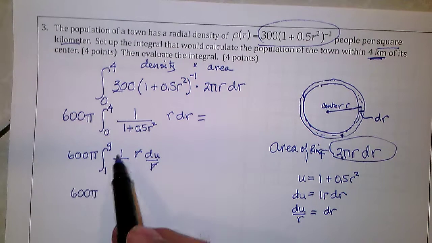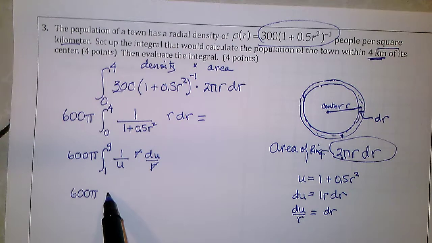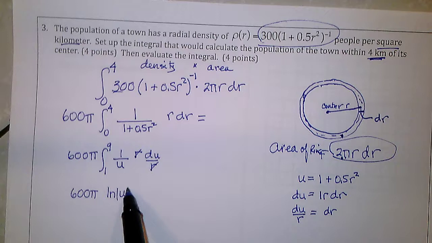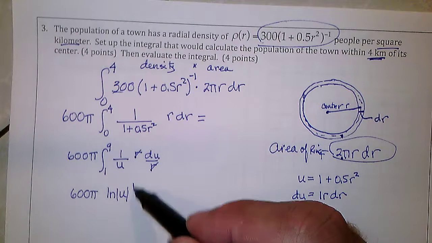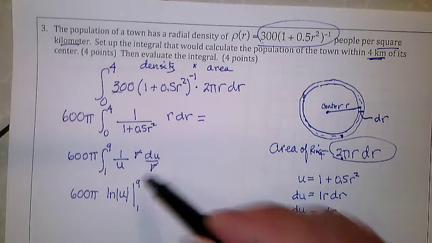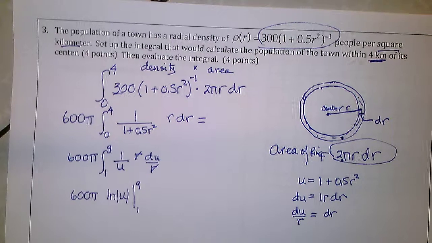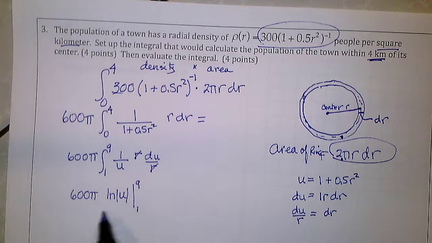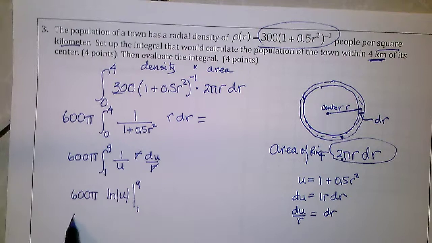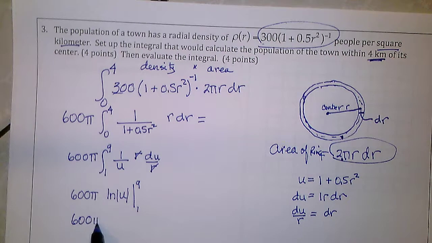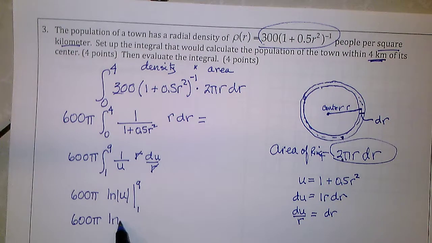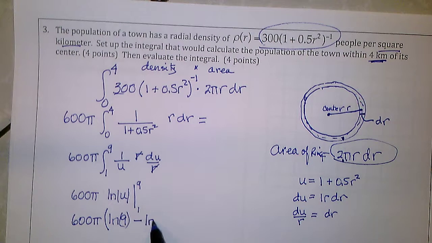and the integral of 1 over u is ln u, and we're going to evaluate that from 1 to 9, or we can put this back in and evaluate from 0 to 4. So putting 9 in there, minus putting 1 in there.